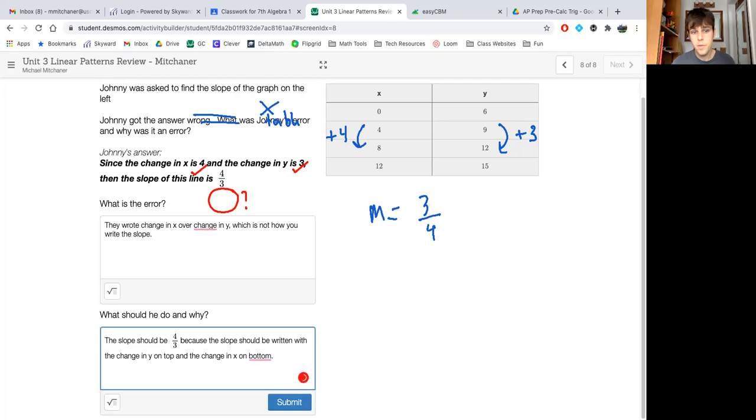Okay, so the slope should be 4 over 3 because the slope should be written with the change in y on top and the change in x on bottom. Again, thoroughly, so that I really know what's going on here, using our words to explain.